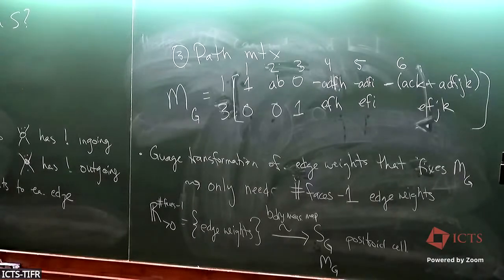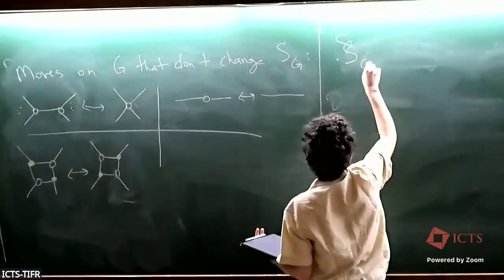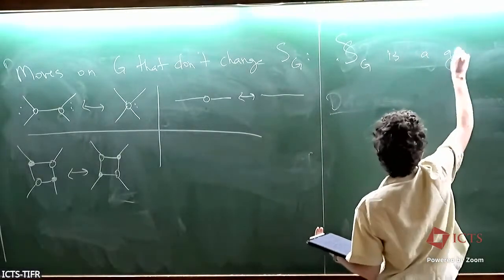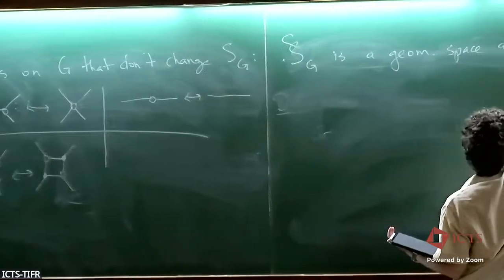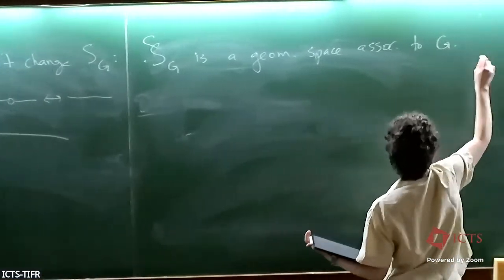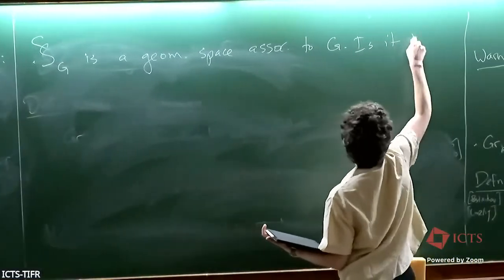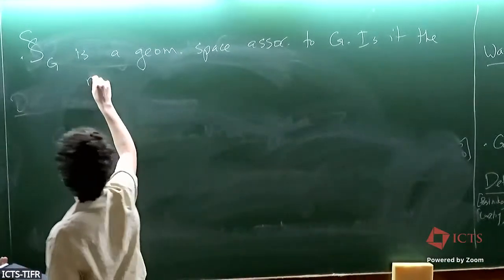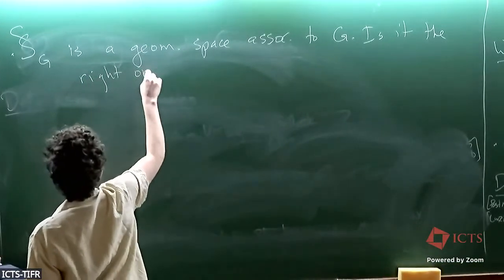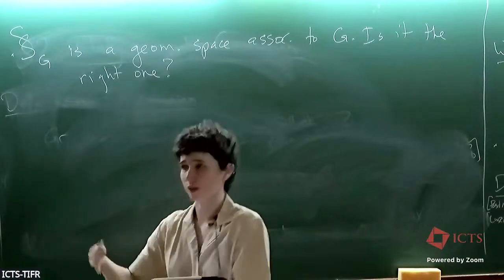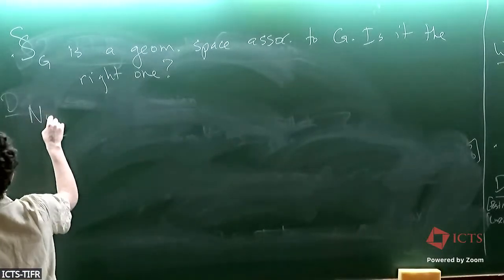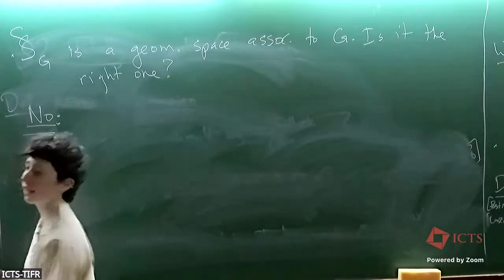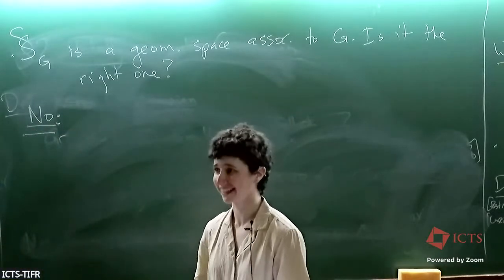The summary is that S_G is a geometric space associated to the graph G. Is it the right one for the purposes of connecting to BCFW formulas? The answer is definitely not the right one.